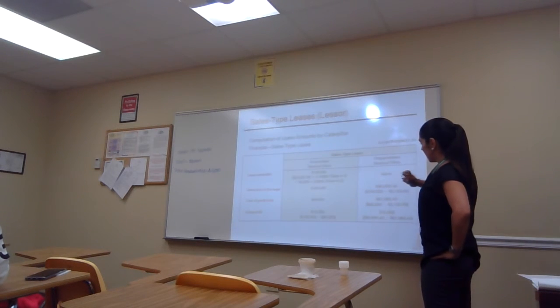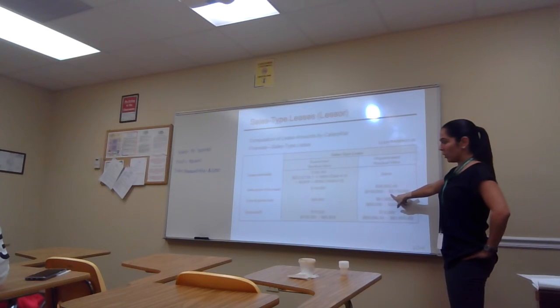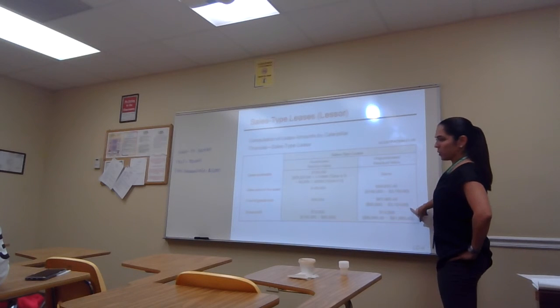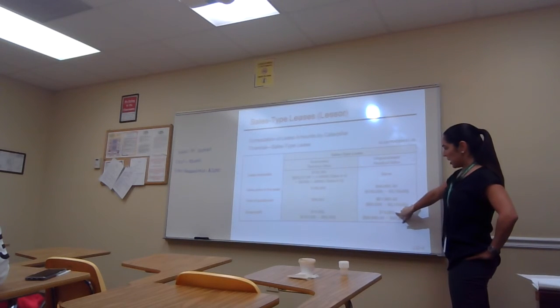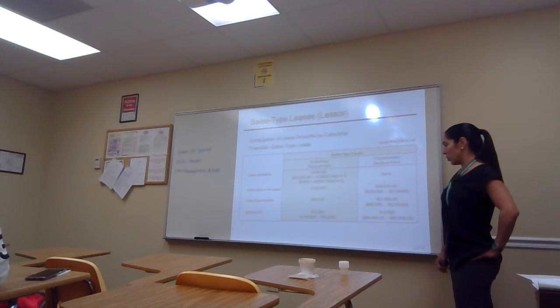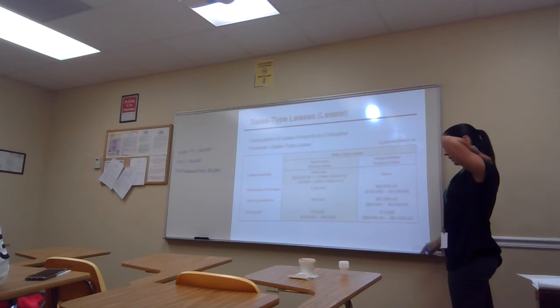If it's unguaranteed, all you need to do is subtract the present value of your residual value from your sales price and from your cost of goods. But at the end of the day, your gross profit will still be the same. It's just the way you account for it on your income statement. So that's the only difference.